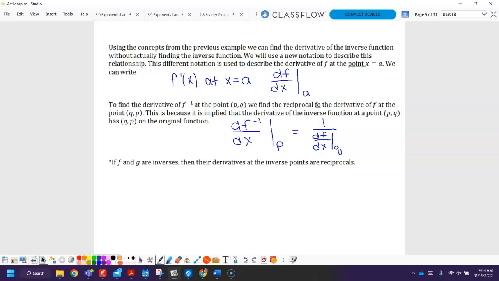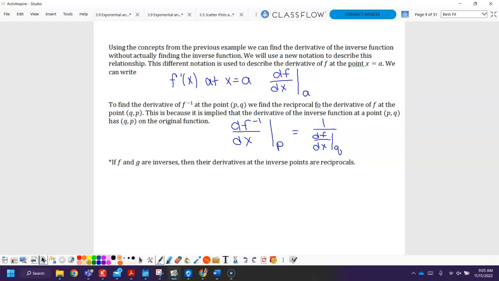It leads us into the fact that, using concepts from derivatives and inverses, if f prime of x at x equals a becomes df/dx at a, and p and q are points on the inverse and the original, then the inverse derivative at p is equal to 1 over the derivative at q.